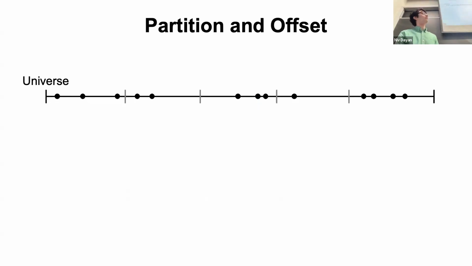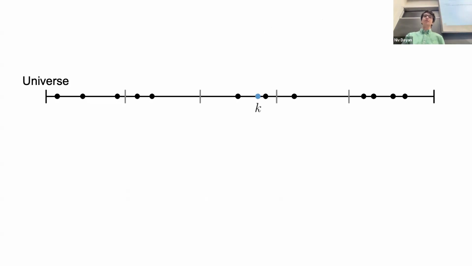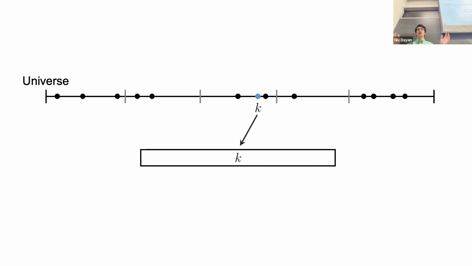First, I'm going to explain how this partitioning and offset computation goes. Let's take this blue key in the middle as an example. I'm going to look at its binary representation and split it into 2 parts: a prefix and a suffix, which I'm going to call the memento from now on. The prefix is in some sense the partition index that the key is a part of.